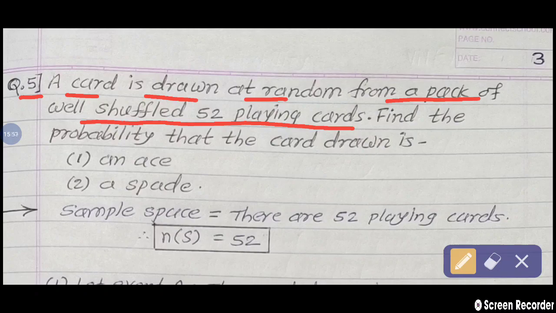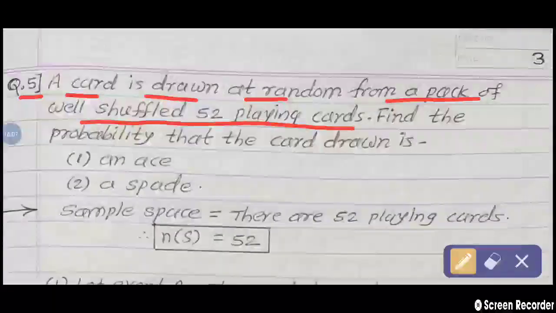That is heart. So heart and diamond, these two types of playing cards are red in color, and club and spade, these two types of cards are black in color. All of you know about these 52 playing cards.